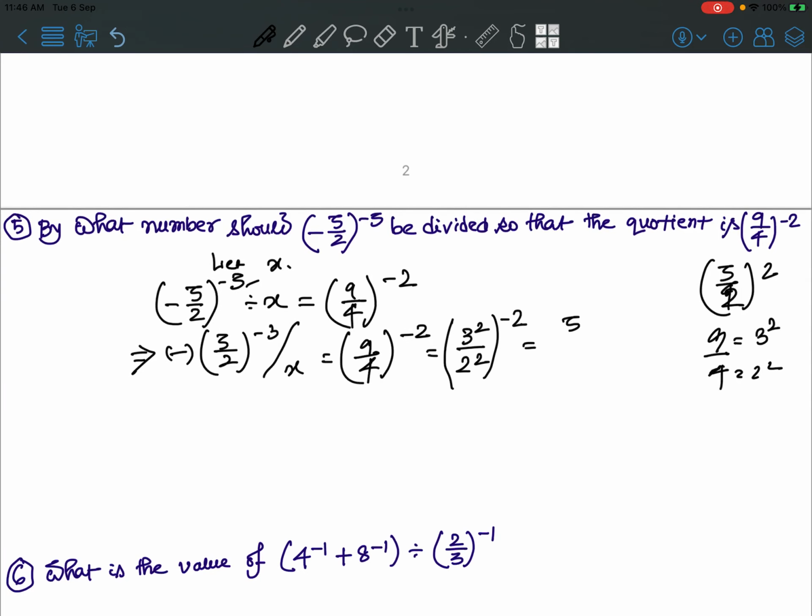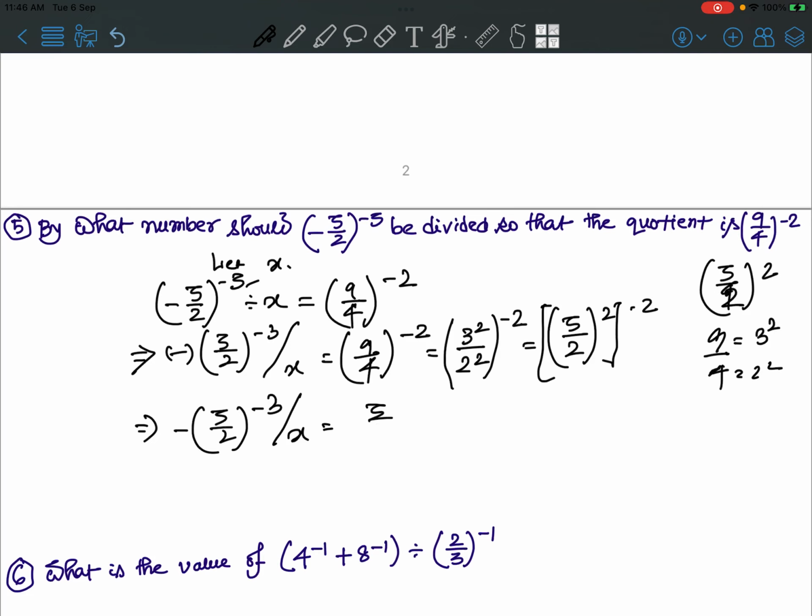Now 3 by 2 squared, then whole squared of minus 2, that means minus 3 by 2 to the power of minus 3 divided by x equals 3 by 2 to the power of minus 4.